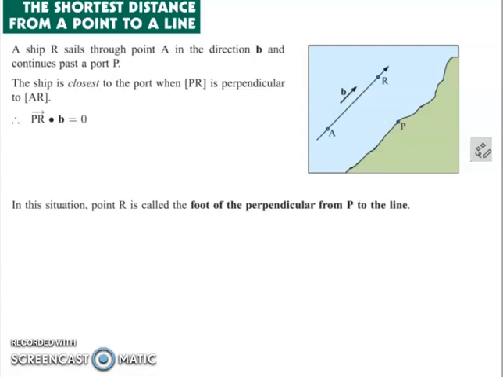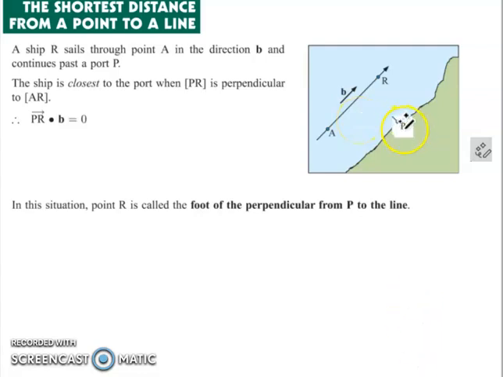In this video we'll look at the shortest distance from a point to a line. So in this situation here, if we have a moving object along this path in direction vector B, then the shortest distance would have to be a line from point P that is perpendicular to the line in which our object is moving.